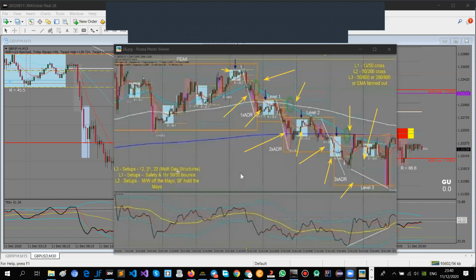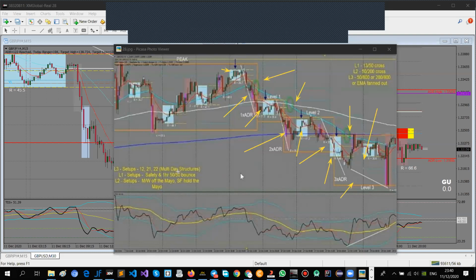Then on level two, we are looking for M or W off the male, or hold the male. Those are the two trades that we are looking for on level two.